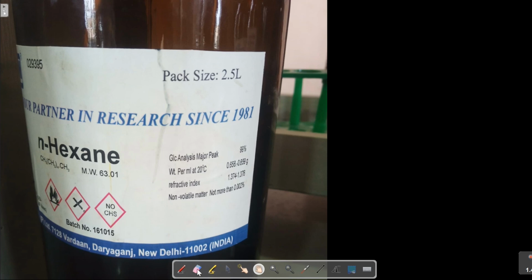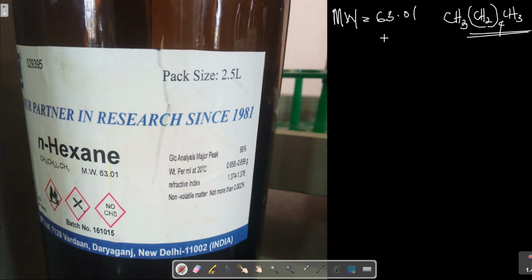So the first thing we do, we get the molecular weight. The molecular weight of hexane is 86.18. You can confirm that hexane is CH3, CH2 to 4, then CH3. If you calculate the molecular weight, you have 86.18 grams per mole.